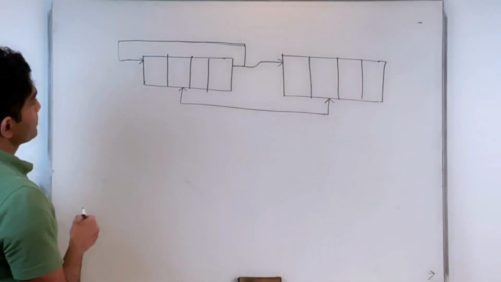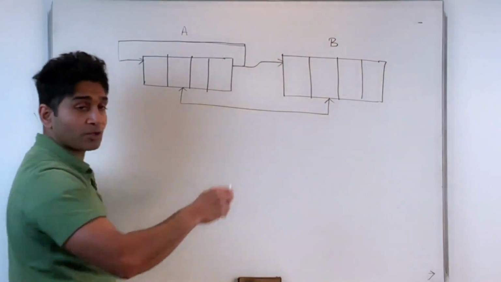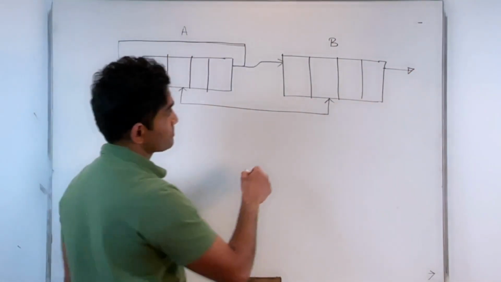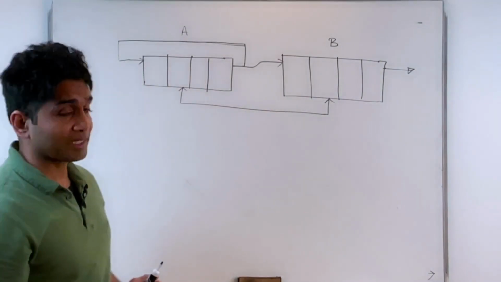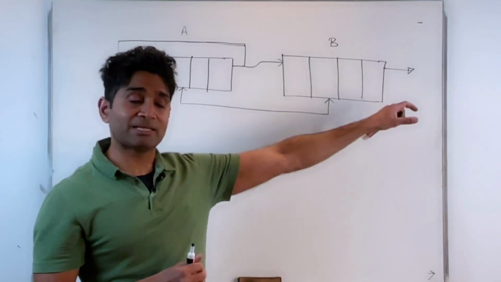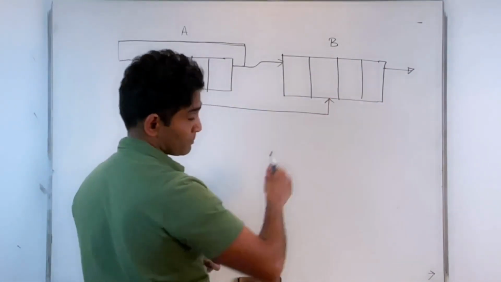Okay. So that's my A register. Let's say that's my B register. Both are shift right registers, and that's the output of this particular register. Now I want to make sure that once I shifted the contents of this into this, I want to keep them. I don't want to override the contents in this register anymore.